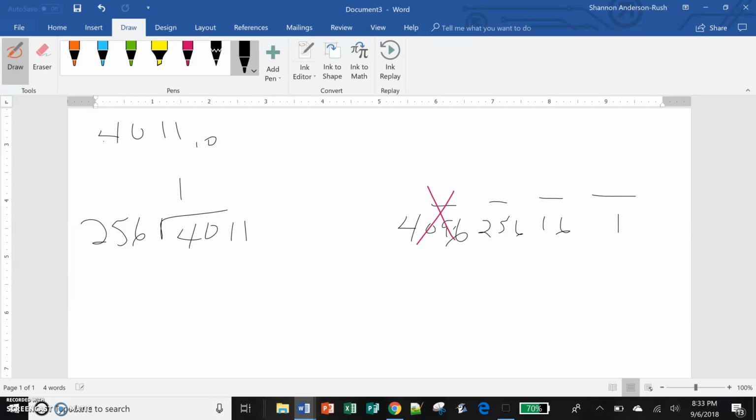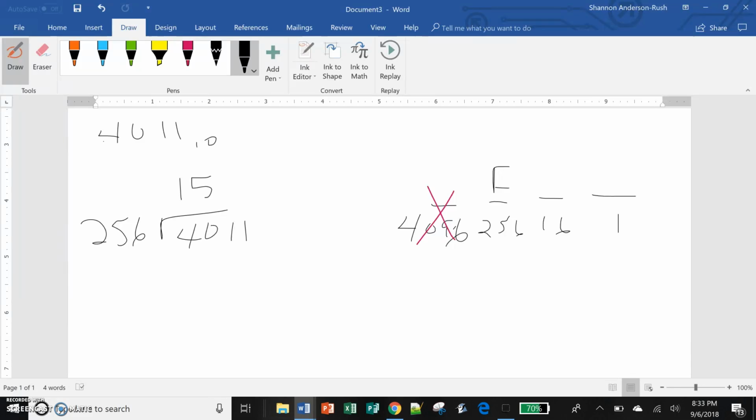It goes in 15 times evenly. So I'm going to put the equivalent of 15 over 256. If we go back to our letter chart, we recognize that 15 in hexadecimal is an F. So I put F over my 256.